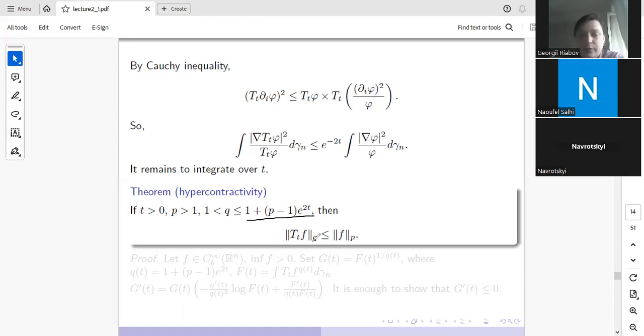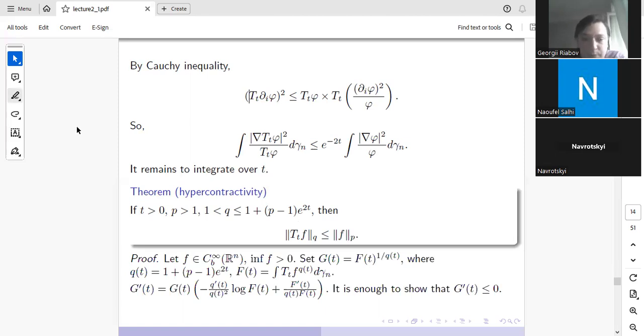Moreover, the norm in the space L^q with a bigger q is less than the norm of f in L^p. So this is what is called hypercontractivity. It can be deduced from the logarithmic Sobolev inequality.